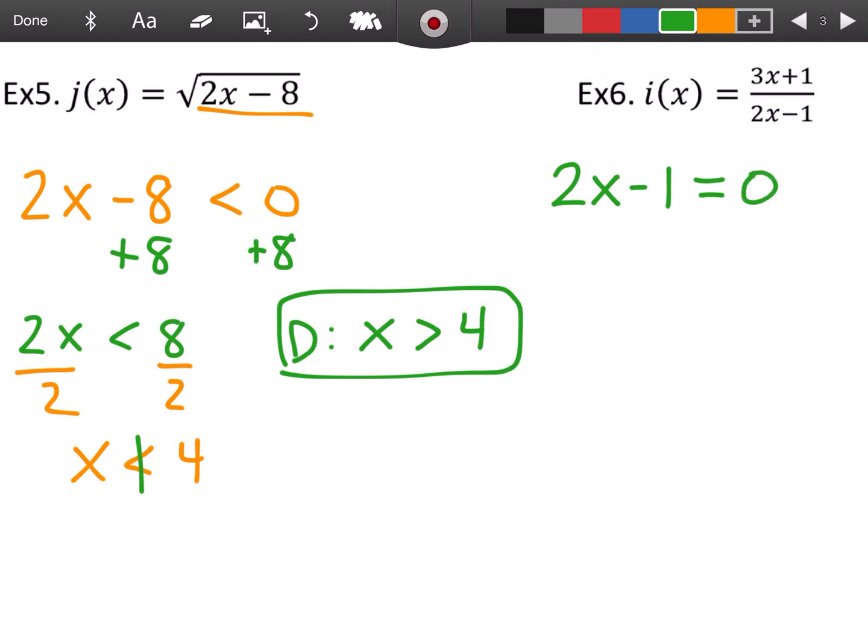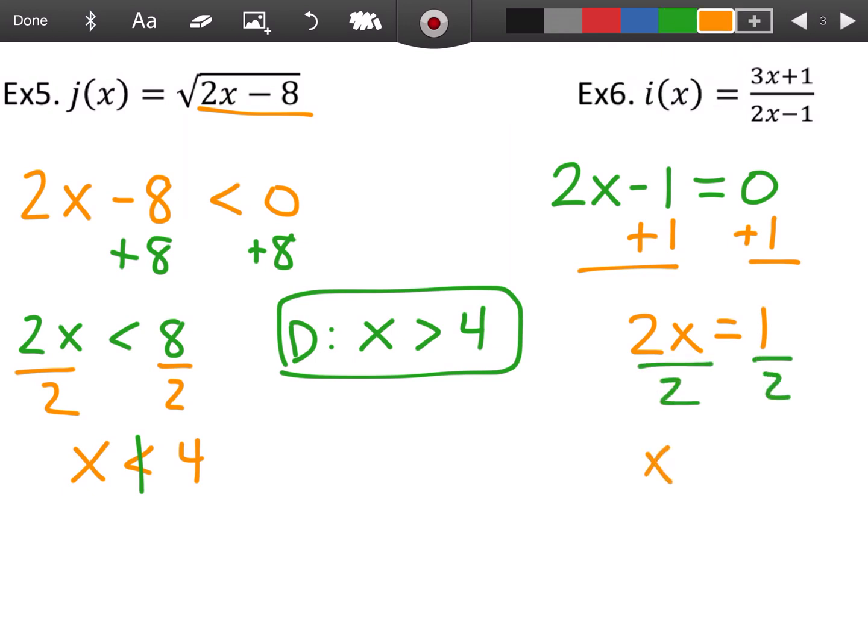Denominator cannot equal 0. We cannot divide by 0. So if we set the denominator equal to 0, we can solve that to figure out what values give us 0. And so 2x is equal to 1 when we add 1 to each side. Divide by 2, and we get 1/2. And so x equal to 1/2 is the value that makes us have division by 0.